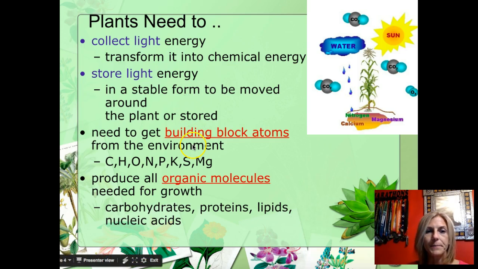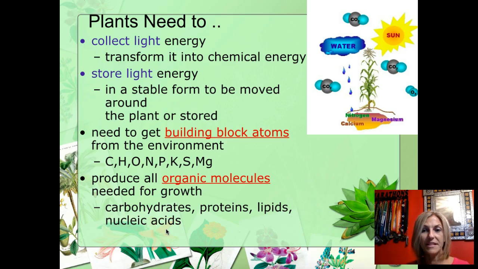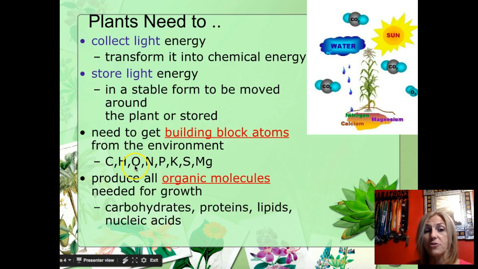And then down here, these are some elements that plants absolutely need in order to assimilate the molecules that they need to build pieces and parts. So we know that carbohydrates, lipids, proteins, and nucleic acids all require carbon, hydrogen, and oxygen. We know that nitrogen is needed for nucleic acids and proteins.